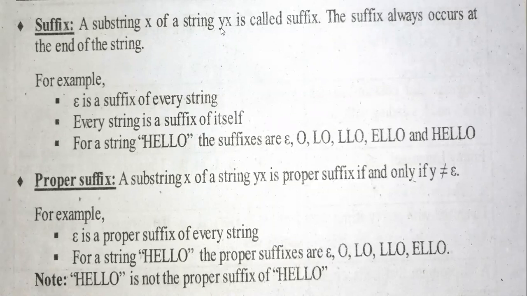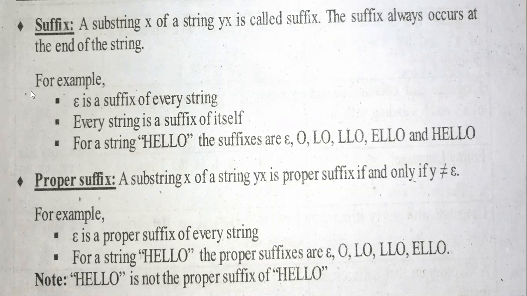If it appears after Y, we call it a suffix. The suffix always occurs at the end of the string. We need to concentrate on the right-hand side of Y. In prefix, we concentrated on the left-hand side of Y. Now it is the reverse, just like a mirror of prefix. Suffix works exactly as a mirror of prefixes.